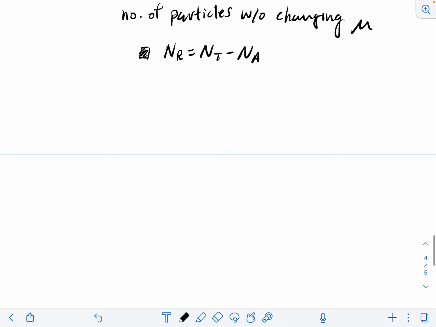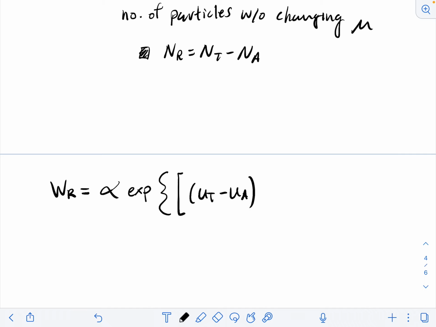So WR is equal to alpha, which is a constant, times an exponential of UR, which we'll write as UT minus UA, minus the chemical potential mu times NR, which is NT minus NA, all over kBT. We can separate this expression into a product of exponentials.